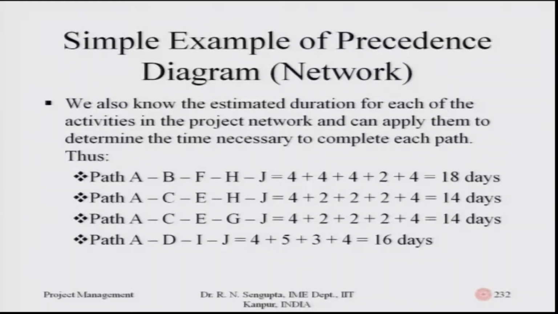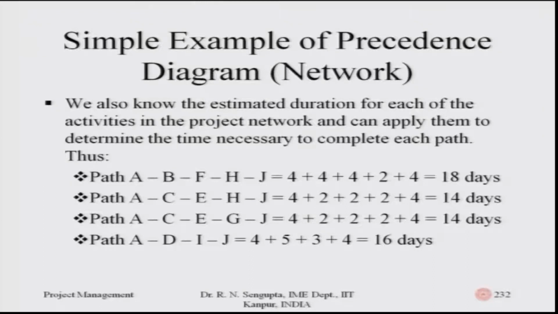A, B, F, H, J are 5 in number, so there are 5 such durations. A takes 4 in path 1, path 2, path 3, and path 4. B has a duration of 4. C has a duration of 2 in both path 2 and path 3.